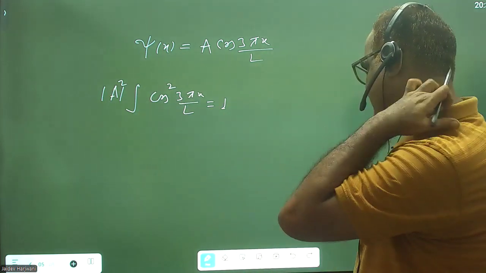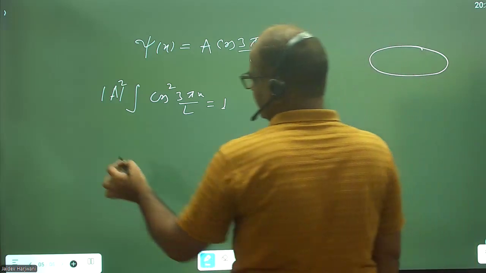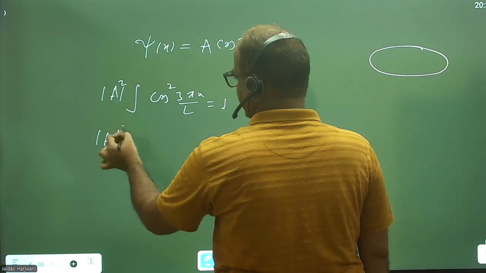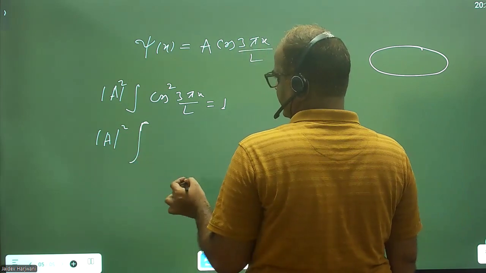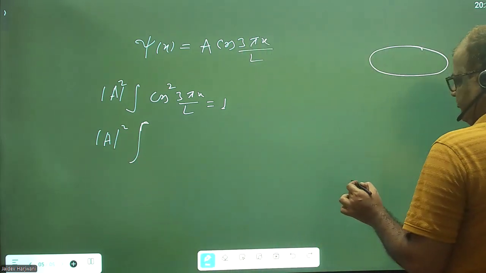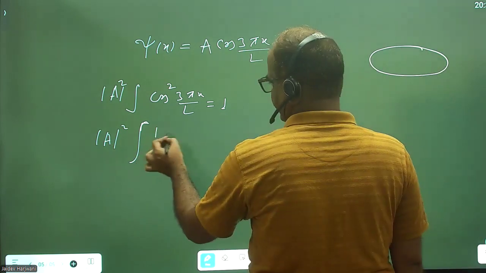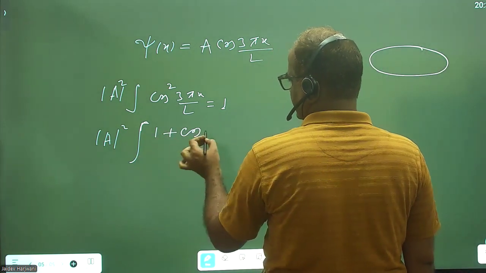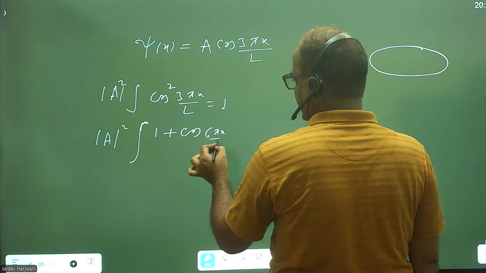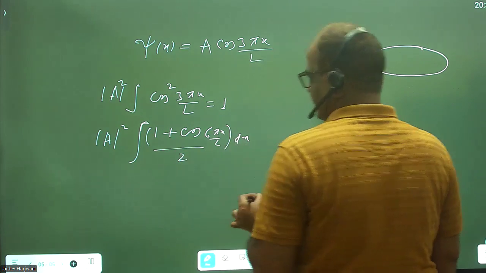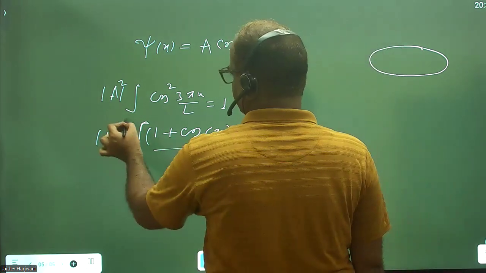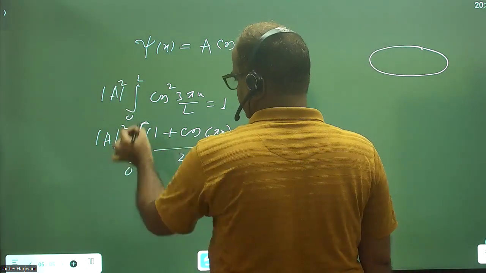And if I calculate the value of the normalization constant a square, cos square can be written as 1 plus cos 2 theta by 2, so 1 plus cos 6 pi x by L by 2, dx. And I am taking the length from 0 to L. You can take 0 to 2 pi r also.